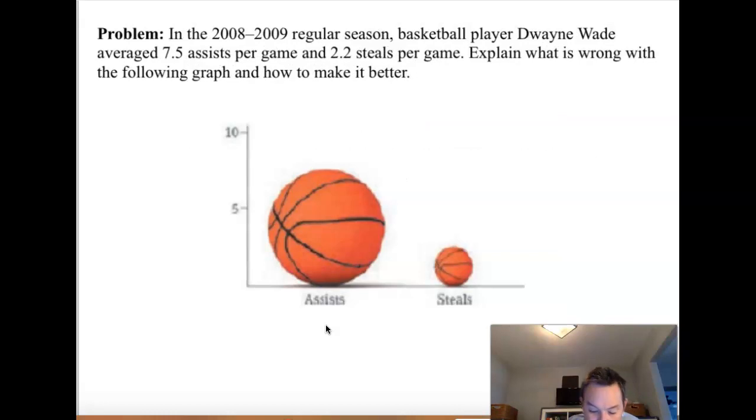moving on. So in the 2008-2009 regular season, basketball player Dwayne Wade averaged 7.5 assists per game and 2.2 steals per game. Explain what's wrong with the following graph and how to make it better. So what's wrong is that they're using a circle instead of a bar.